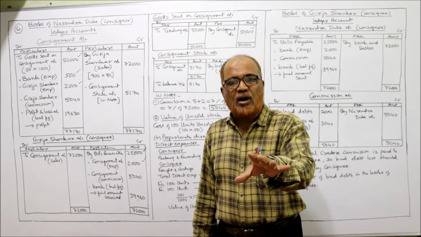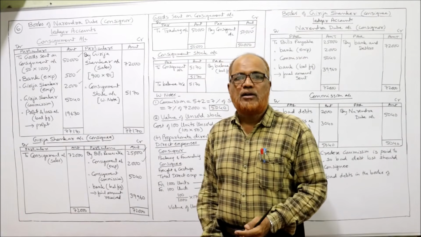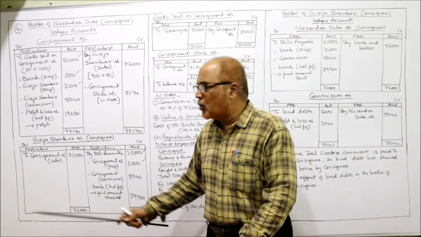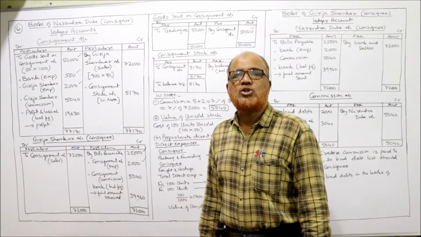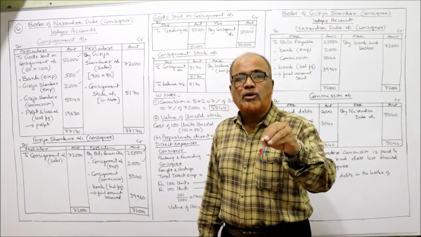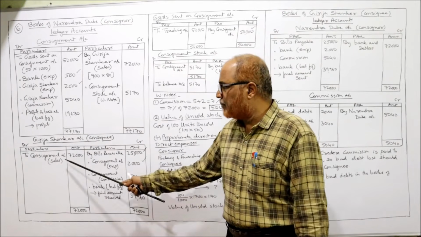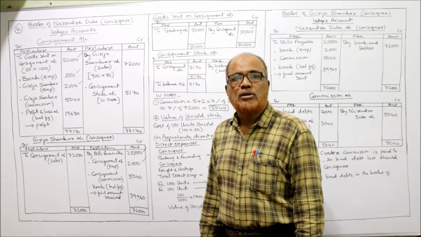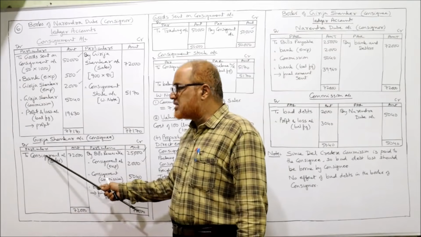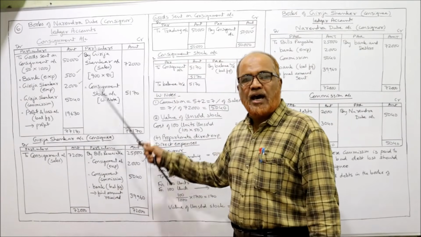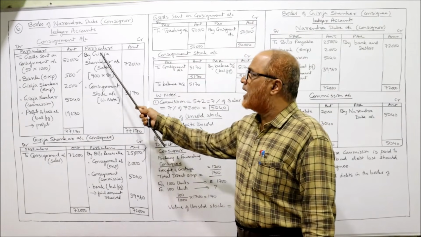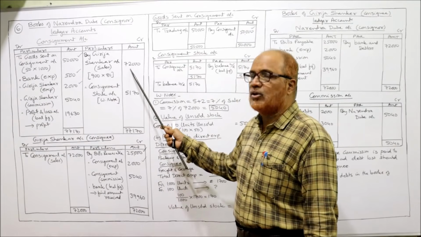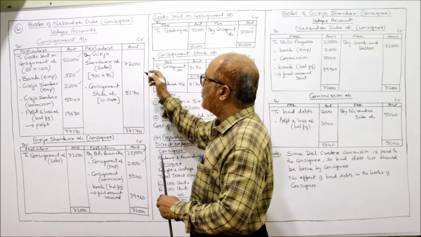So Girija Shankar should be debited to consignment. How many units are sold? 900. At what price? 80 rupees, given in the problem. 900 into 80, 72,000. So Girija Shankar is debited to consignment sales 72,000 and consignment account credited by Girija Shankar sales 72,000. So the sales entry is over.